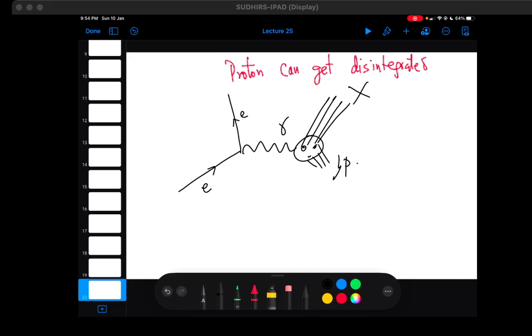So what happens? This was a very interesting phenomenon in which the electron is not just seeing the internal structure of the proton, and the proton is no longer a proton after the interaction with the electron. So this is a very inelastic process.